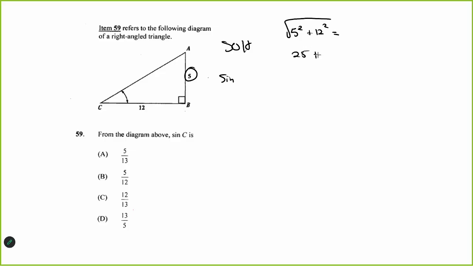That's 25 plus 144, which is 169, the square root of 169, so that's 13. So this is 13. Sine C would be my opposite, which is 5, over 13, which is E.